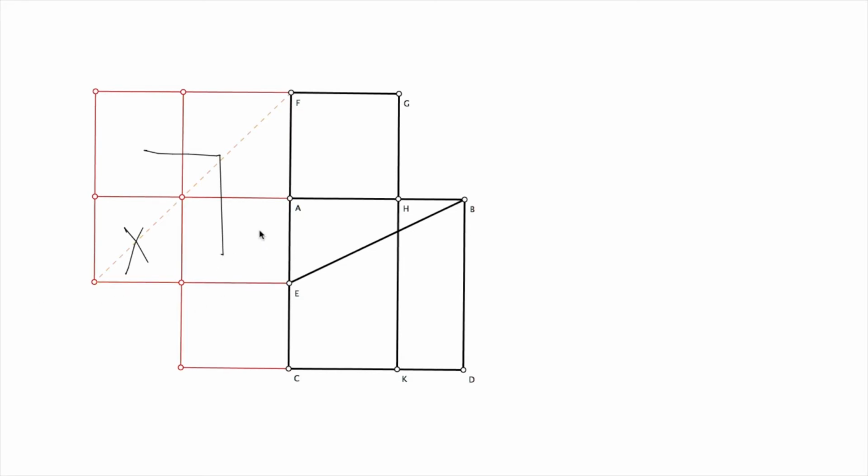So the rectangle built on FC and the segment FA, this whole rectangle here, plus the square on AE is in fact equal to the entire square on FE.